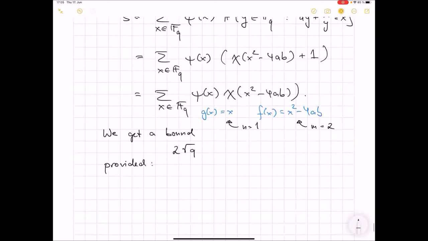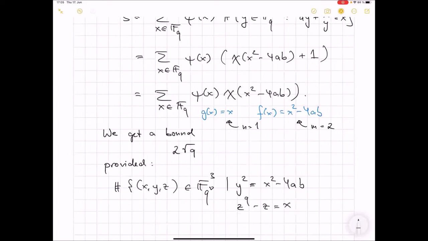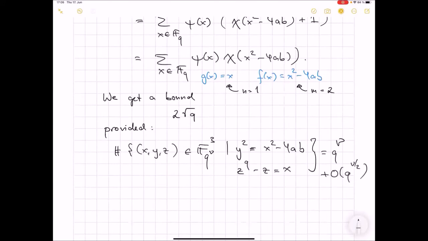Provided that we can prove the number of all x, y, z in F_q to the nu cubed, such that y squared equals f of x, which is x squared minus 4ab, and z to the q minus z minus g of x, which is just x, equals x. So this should be q to the nu plus O of q to the nu over 2, with some dependence. For instance, this may very well depend on q.